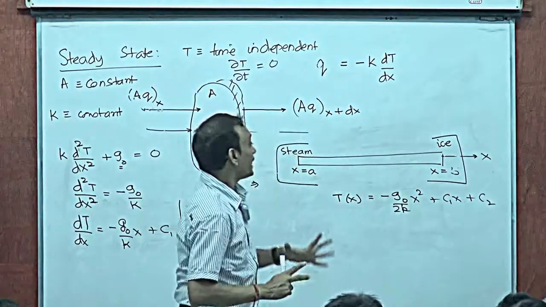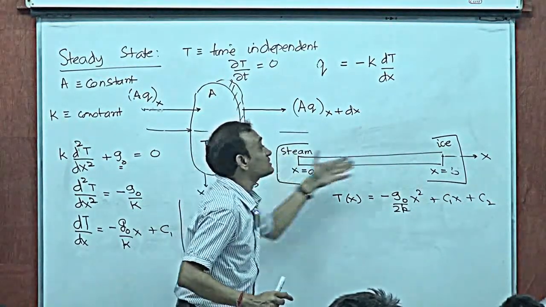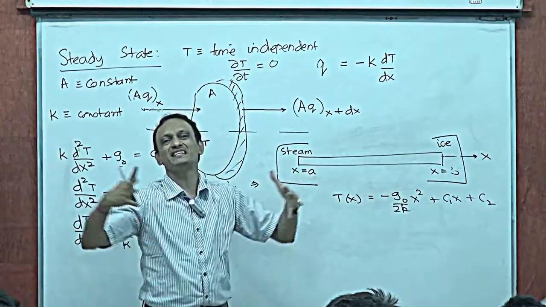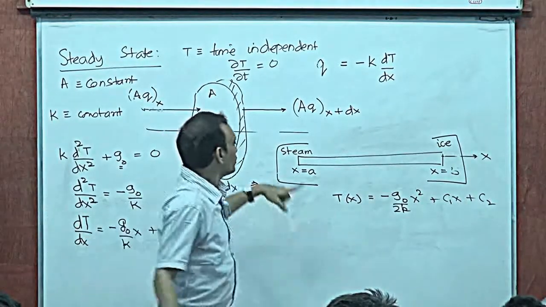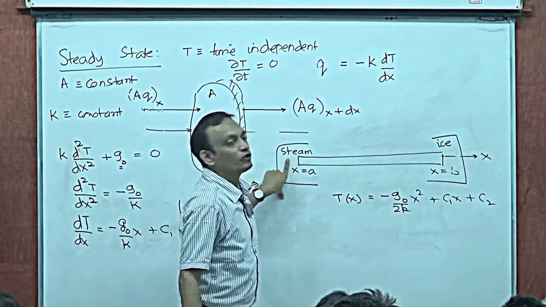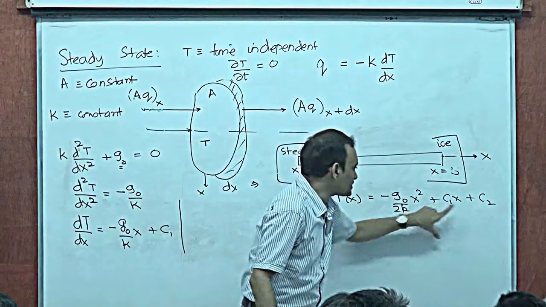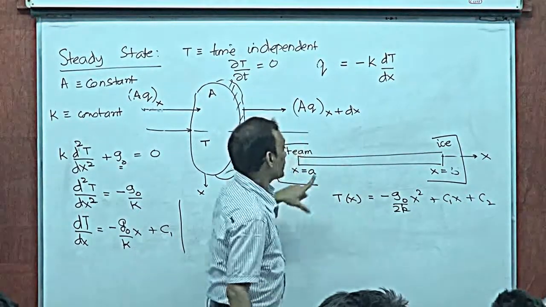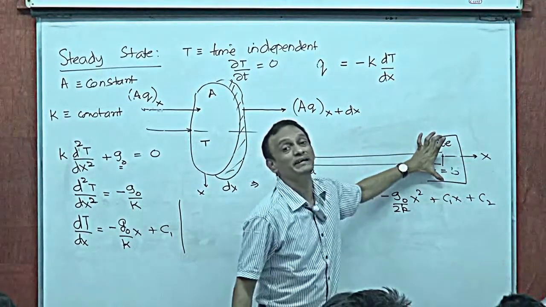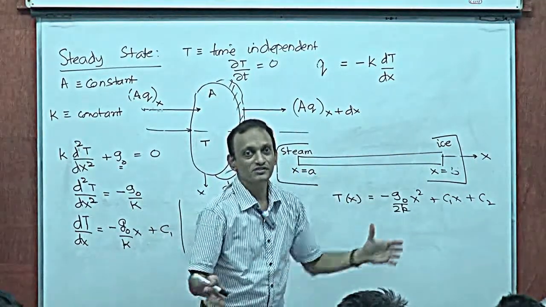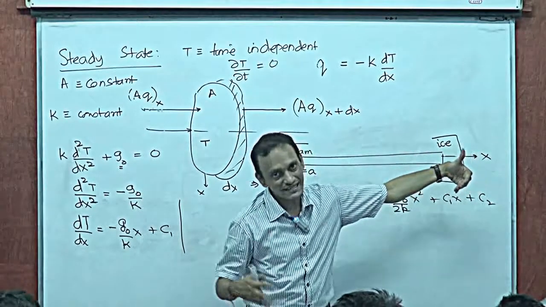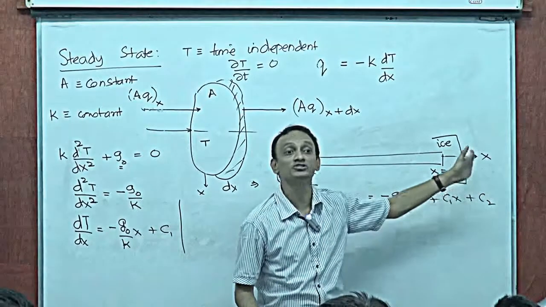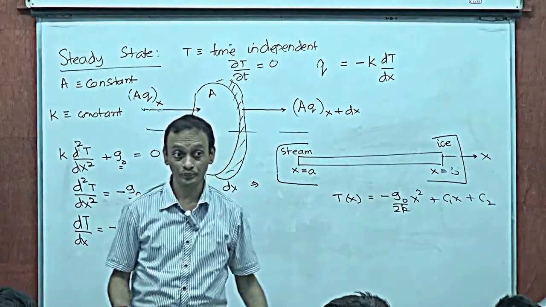This end is placed in a steam chamber, so put x equal to a, T would be 100. And this end might have been maintained in an ice chamber, so put x equal to b, T will be 0, and you can obtain the constants C1 and C2.